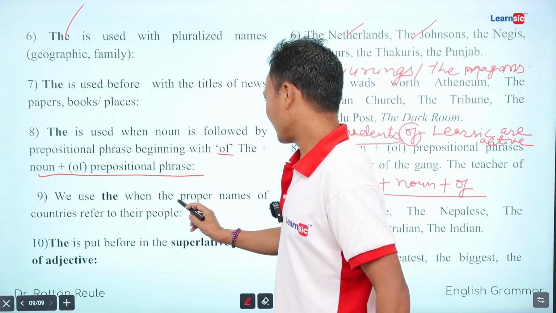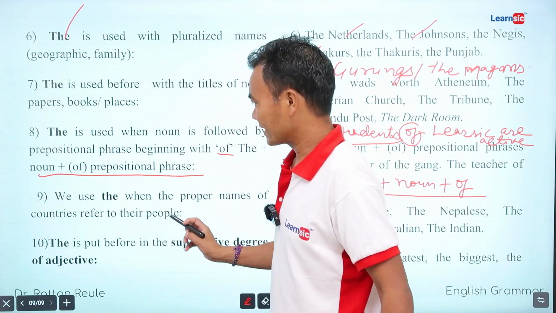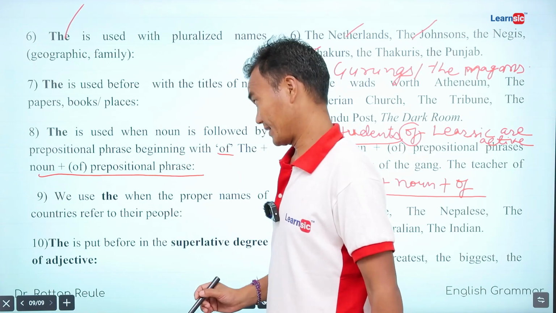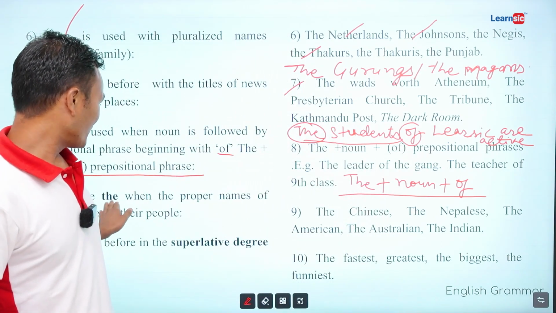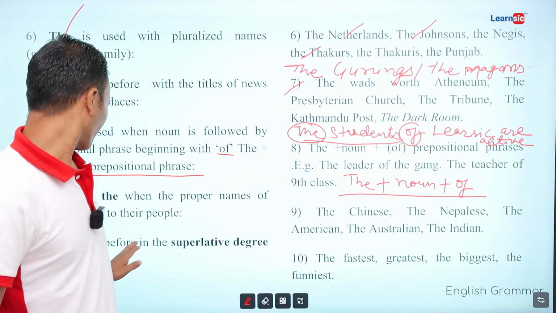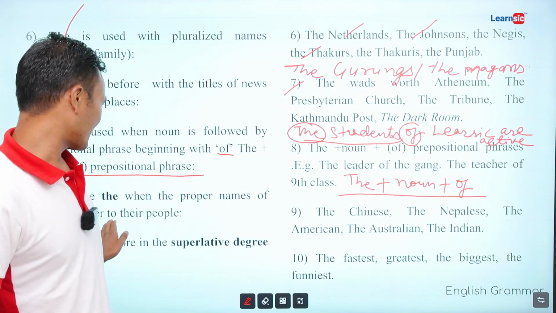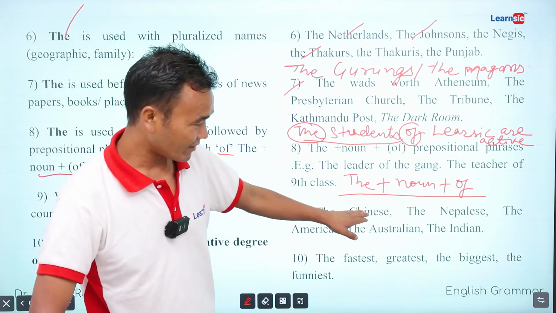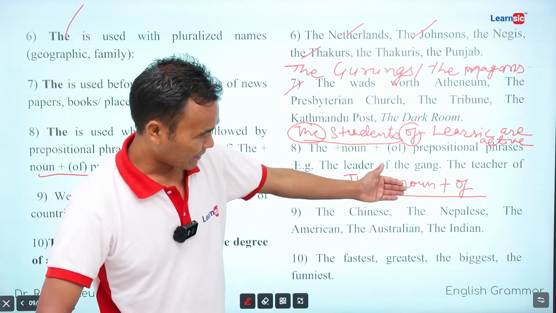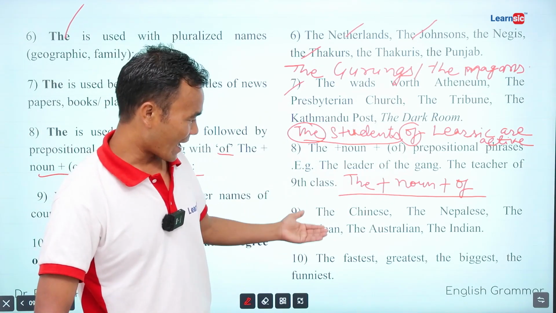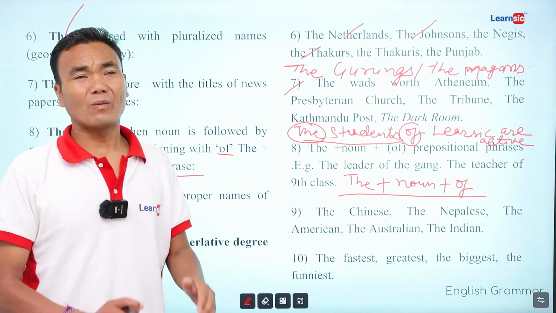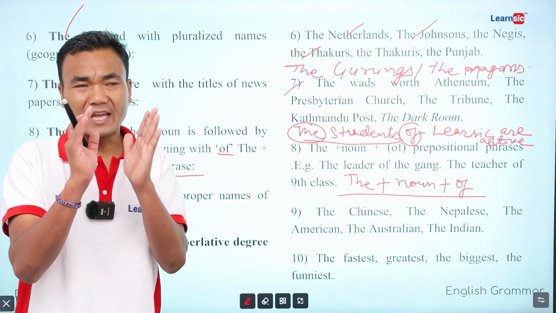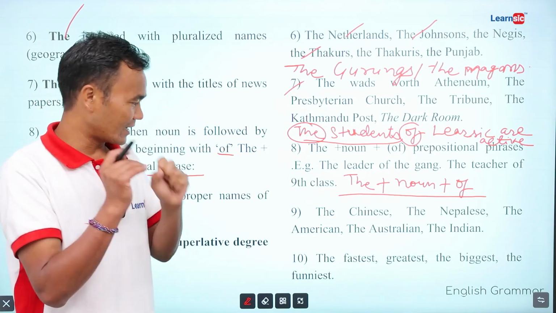We use the when the proper names of countries refer to their people, right? Look at this, this is very important. We use the when the proper names of countries refer to their people. The Chinese means Chinese people, the Nepalese people, the Americans, the Australians, the Indians. When a country name stands for all their people.